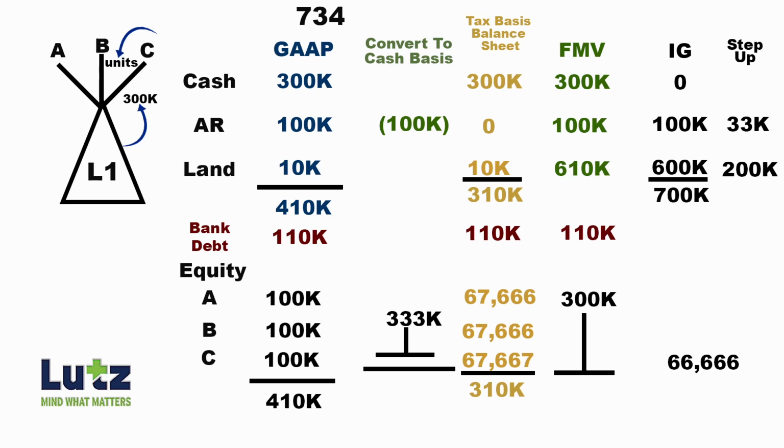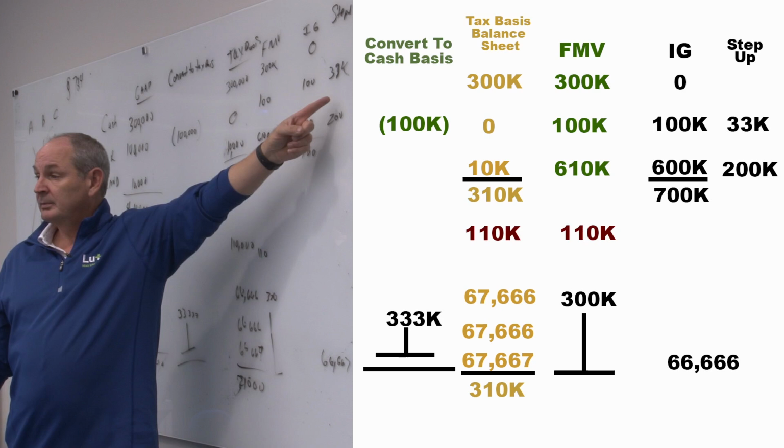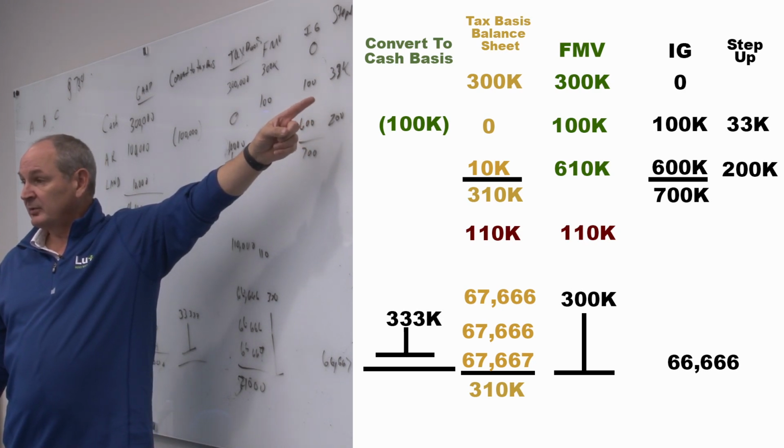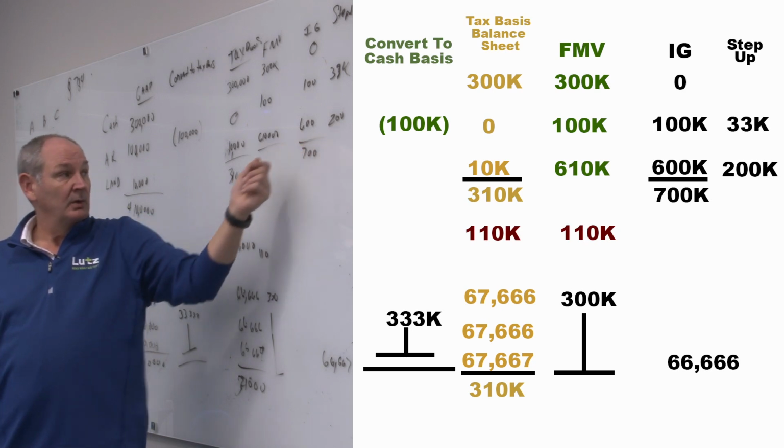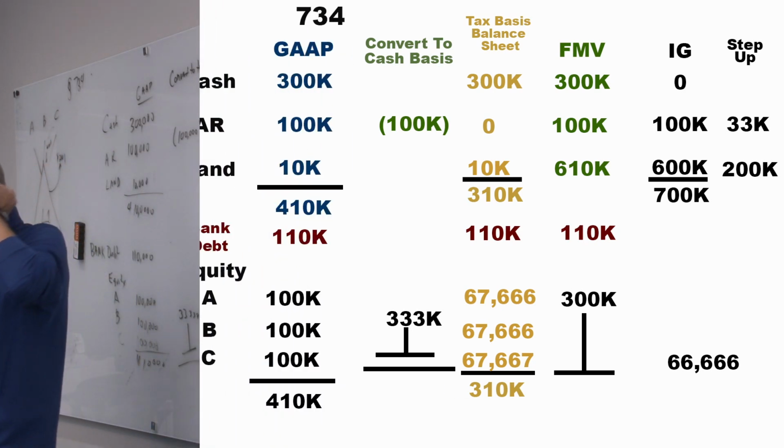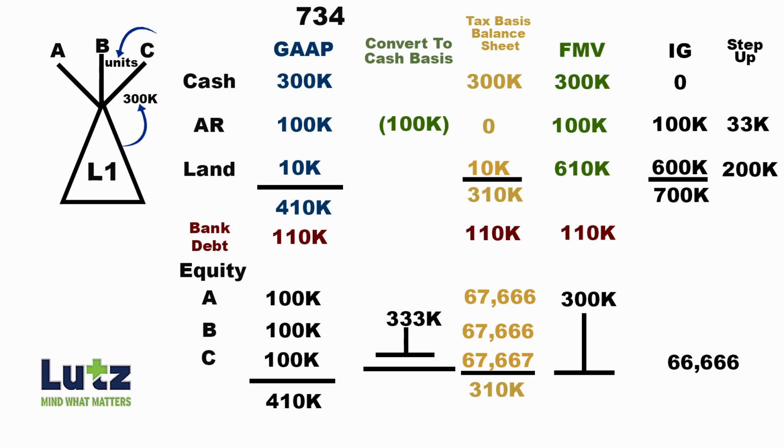And we redeemed out C, correct? So when we redeemed out C, a third partner was taken out of the enterprise. So your step up, your rule of thumb, your check figure, is the inherent gain of 100 times 1/3 should equal my step up, because I bought 1/3 of that by virtue of taking out C. And 1/3 of my inherent gain associated with the ground should be the 200,000 if I took out a 1/3 partner.